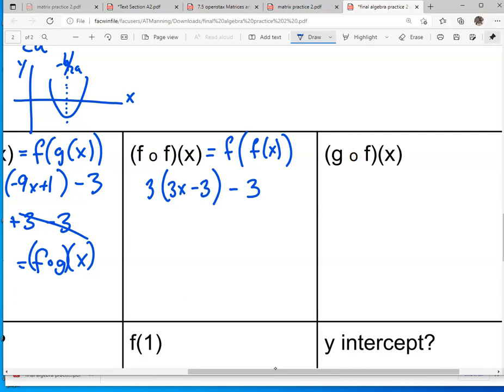There's f, and f taking that as its input, that's a perfectly fine mathematical function, and now it's just a matter of multiplying out. 9x minus 9, and then minus 3, becomes 9x minus 12.